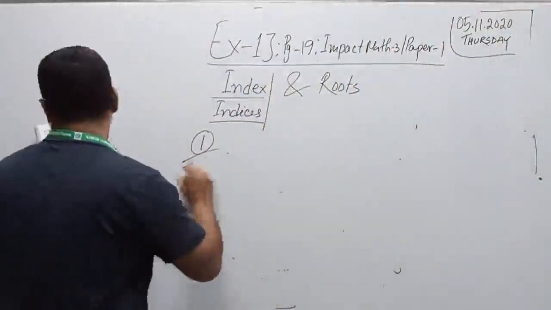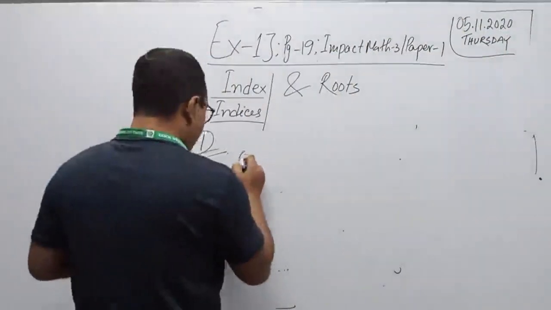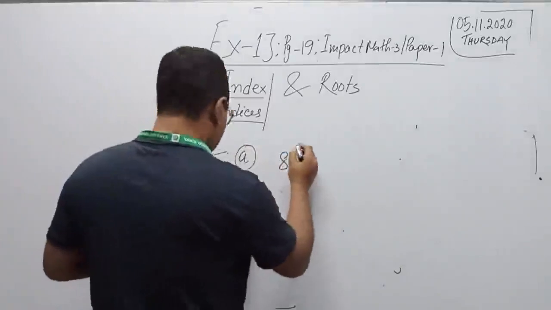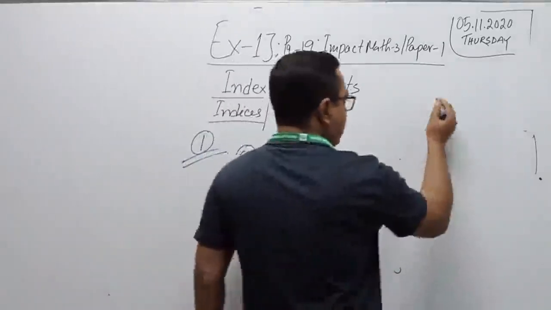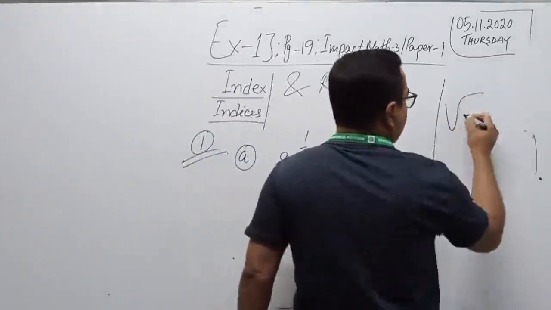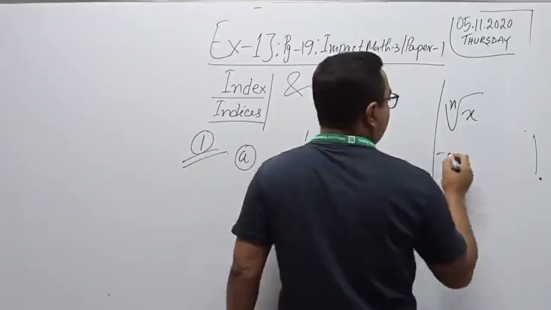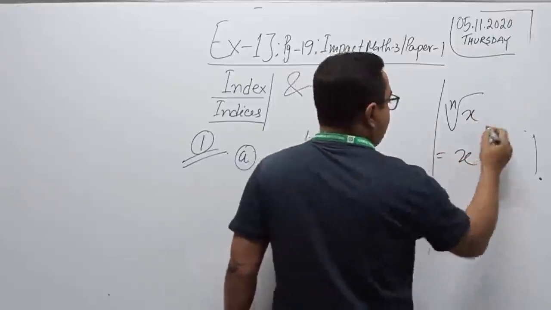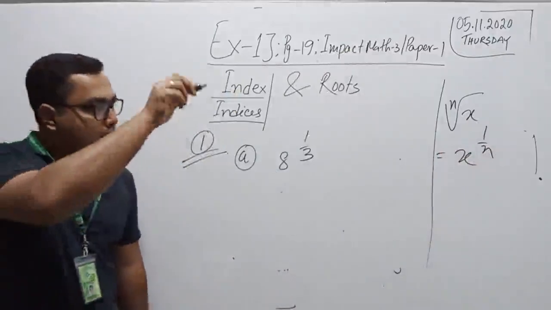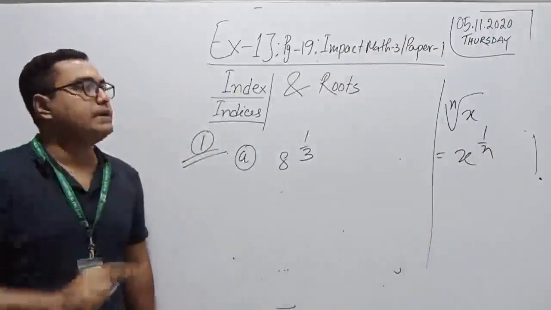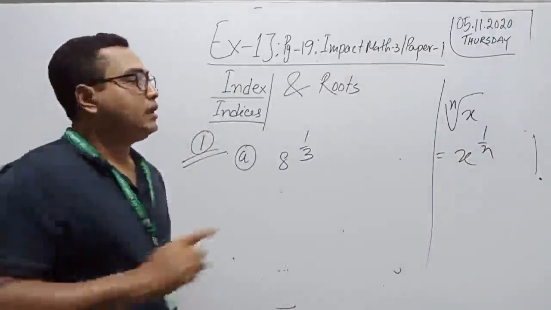Question number 1. Here 1a, 8 to the power of 1 by 3. Here mainly, the nth root is represented like this way. Inside the root you will write the n, that means nth root, and x is the base.